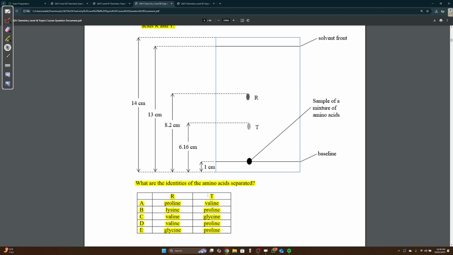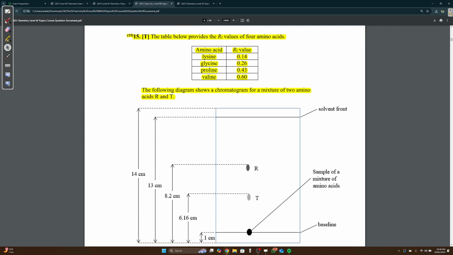Okay, so they gave us the RF values, and remember that the RF value is the distance traveled by it over the solvent front.